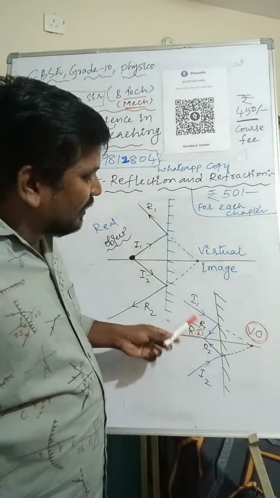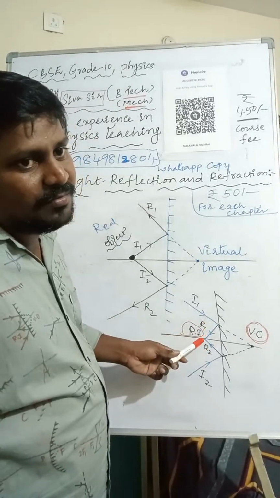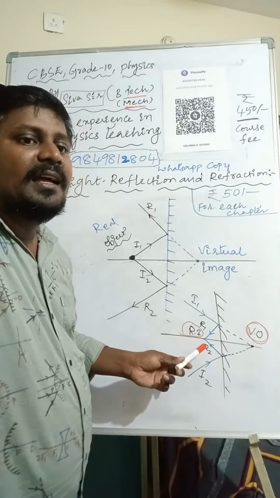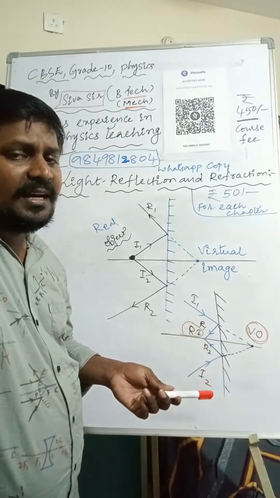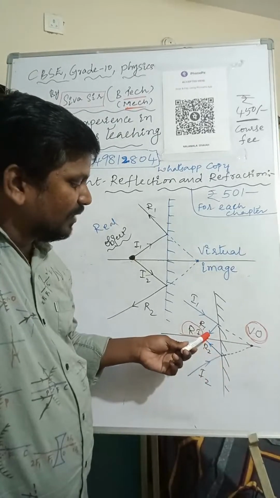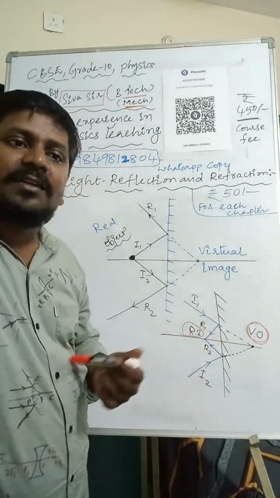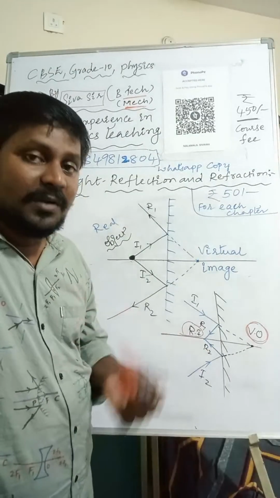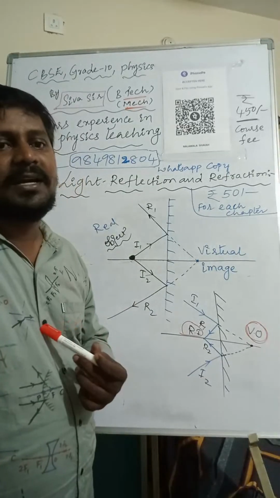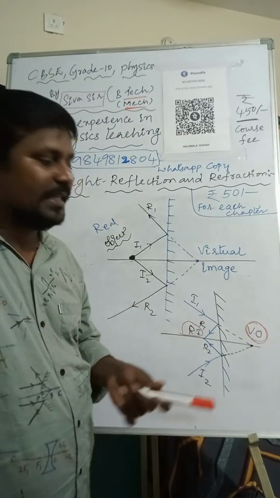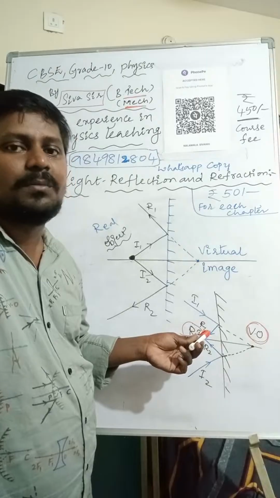How many light rays are required to form the image of the object? Minimum 2 light rays are required to form the image of an object. That's why here I am taking 2 light rays, R1 and R2. These reflected light rays are meeting at one point.